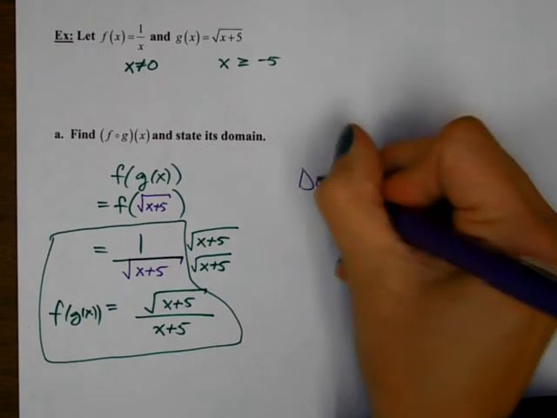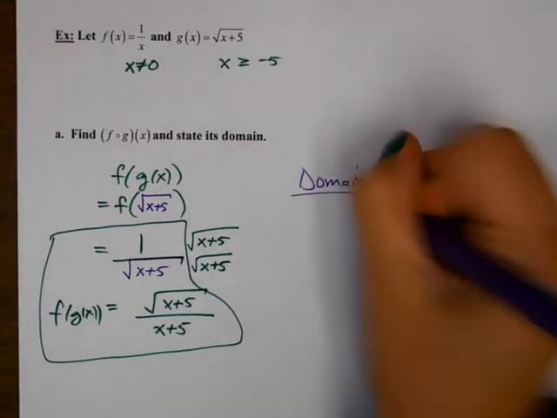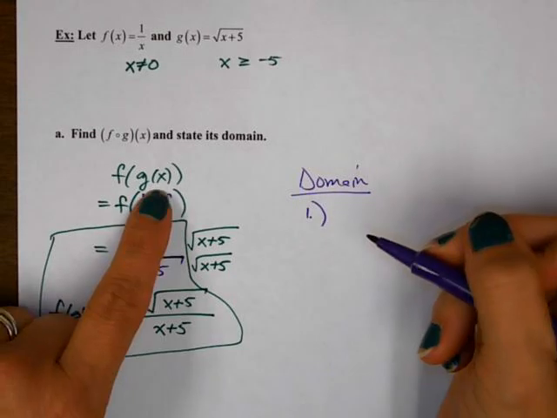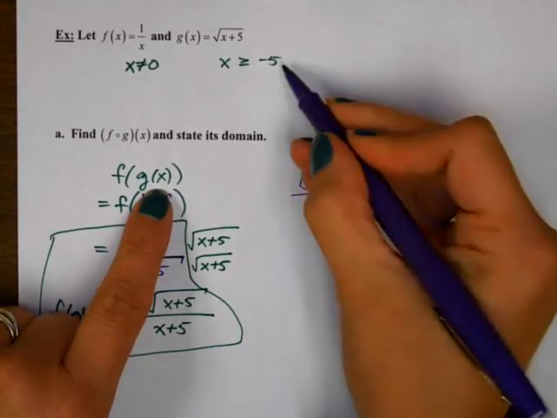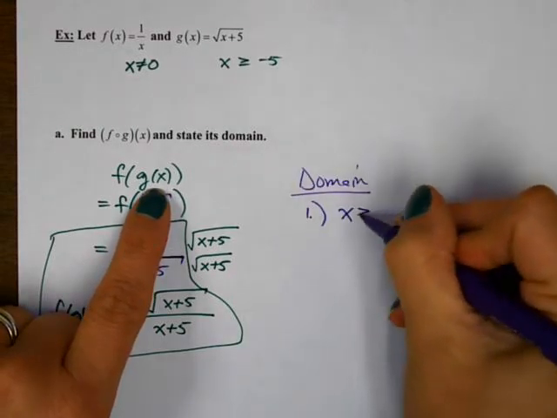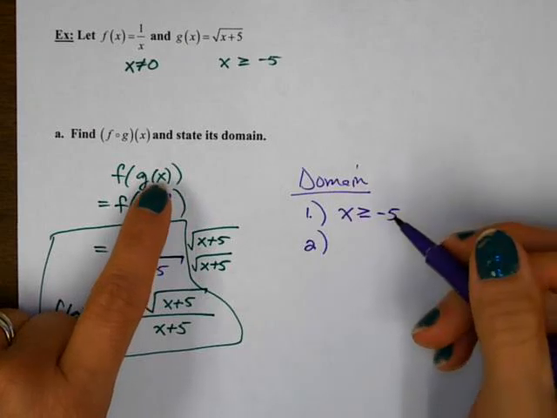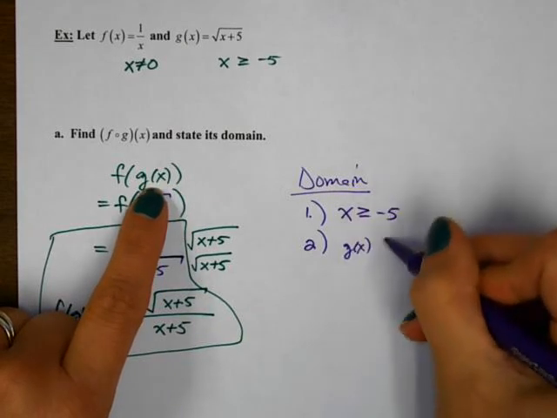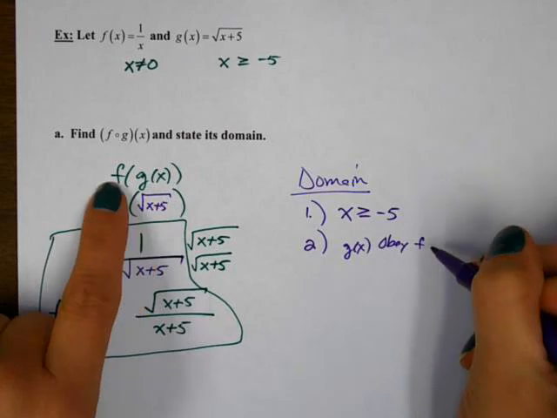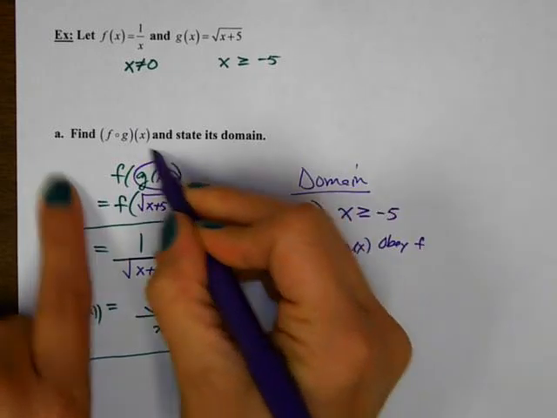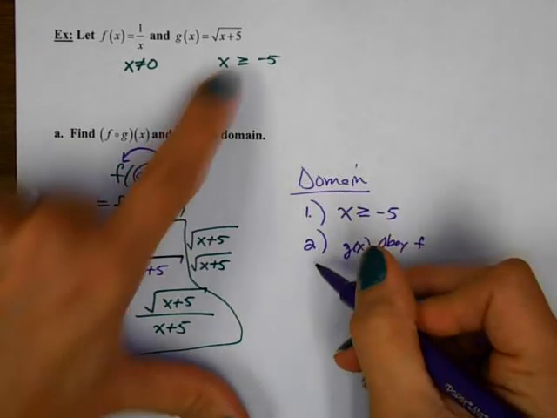All right, what's the domain? Okay, step 1. What's the domain of the little guy? G of x. He says x is more than or equal to negative 5. Now, step 2. The g of x must obey the f, since g of x goes into f. So what's the g function?